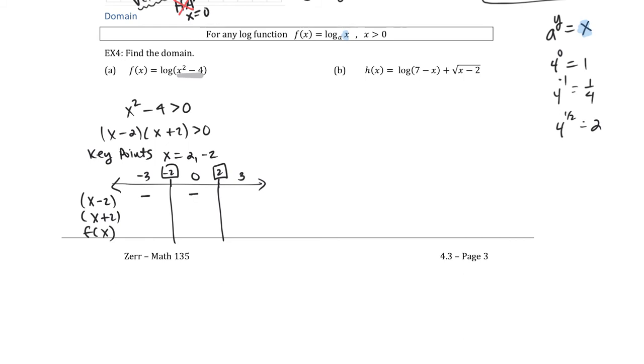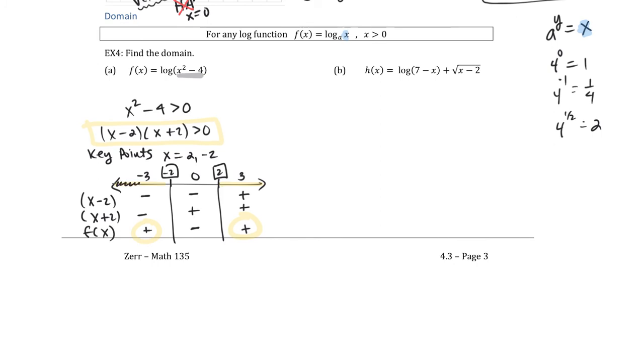3 minus 2 is positive. When we put in -3 plus 2, that's negative. 0 plus 2, 3 plus 2 are positive. And then our function here: negative times negative is positive, negative times positive is negative, and positive times positive is positive. But our question was, when is this greater than 0? So we were looking for the positive parts, right here and here on our graph.